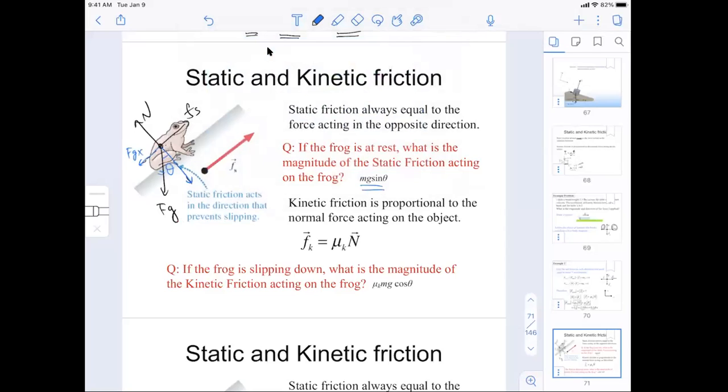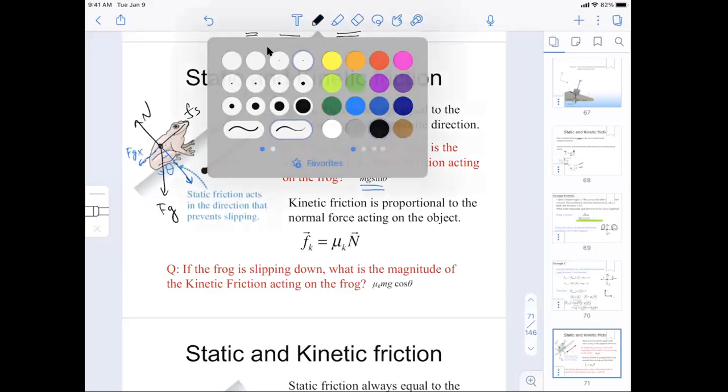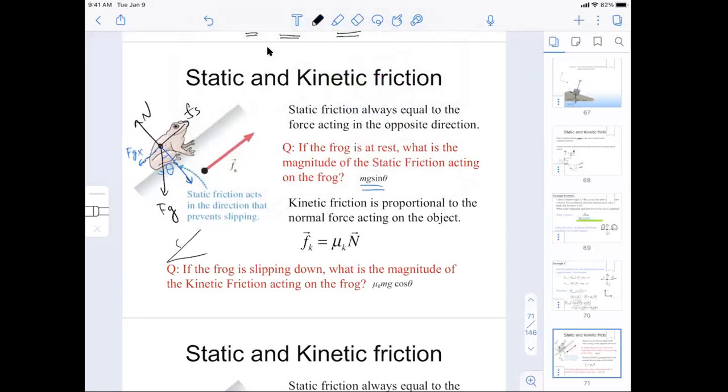But if your frog is moving, let's draw the free body diagram again. You have gravity, you have normal force. Let's say it's moving down, which means your kinetic friction is pointing up, F kinetic is mu times N. Okay, so what is your normal force?